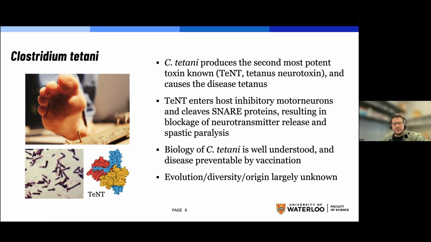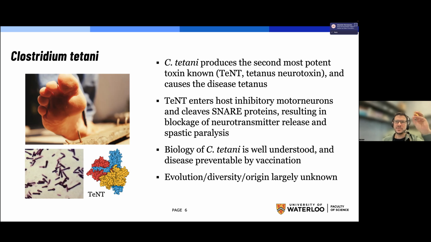However, the evolution, the origin, and also the diversity of this organism is not well understood. This has actually been an interest of our lab, not just looking at Clostridium tetani specifically, but looking at neurotoxigenic Clostridia, Clostridium species that produce these highly potent neurotoxins.